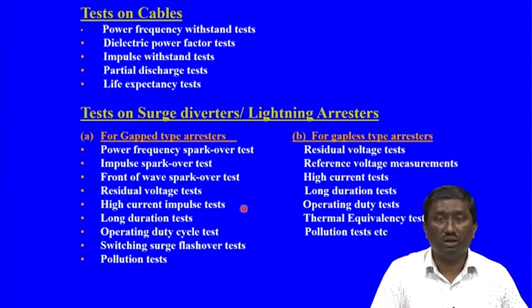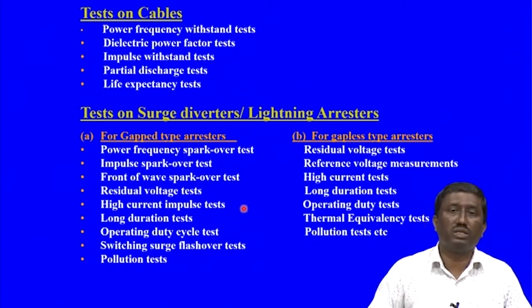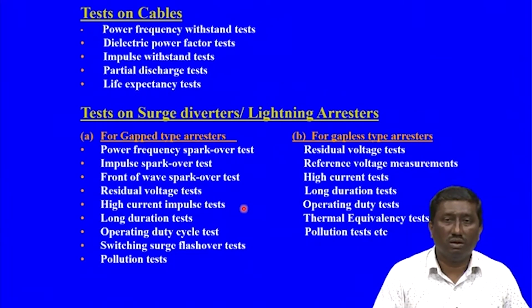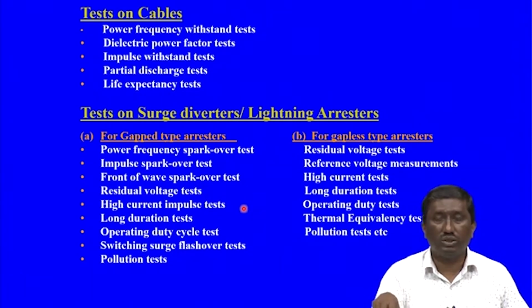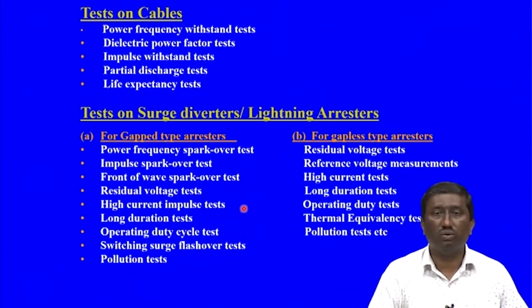During the conduction of the surge, because of natural lightning happening, the conduction of currents of higher magnitude, the voltages developed which are higher than the normal operating voltages have to be diverted to the ground. During that process of the current being diverted, the voltage developed across the resistive element of the surge arrester is known as the residual voltage. So, that residual voltage has to be measured or tested.